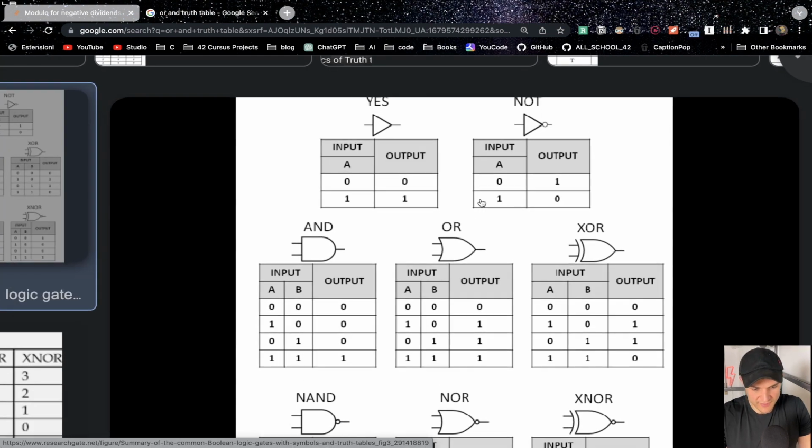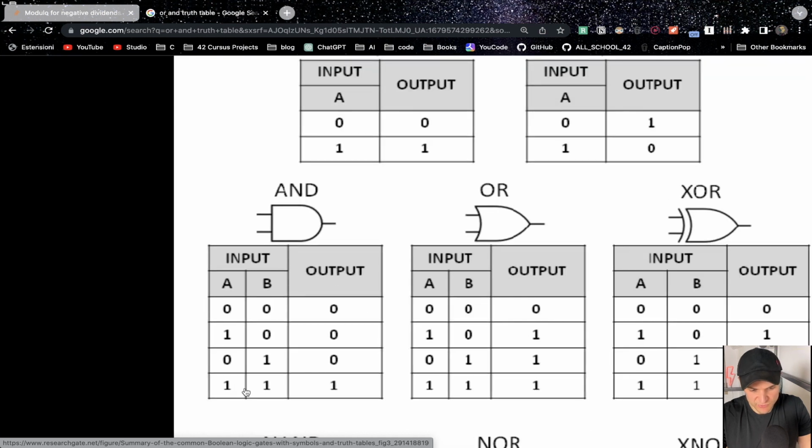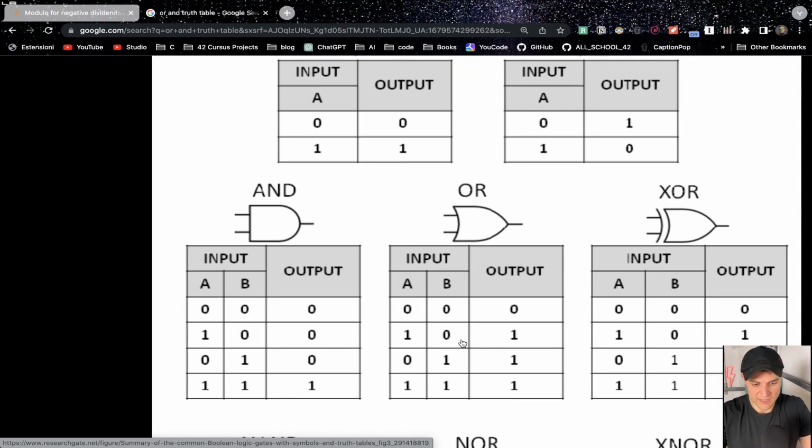To make it clear, for an AND, all the inputs have to be 1 to be true. That's why we can short circuit when we find a false, because if I have one false, the expression to me is false. It's not viable anymore. While for the OR, I need only one that is true to be true, and so forth. These are truth tables. I'm sure you know this stuff.